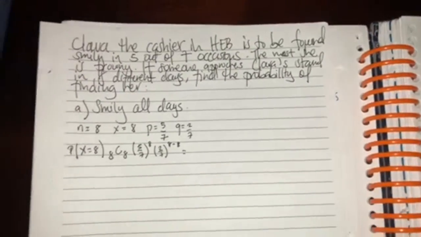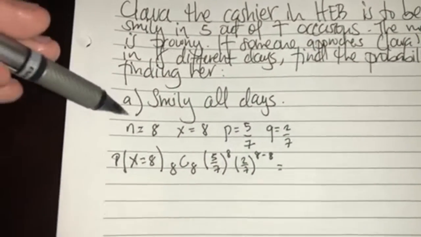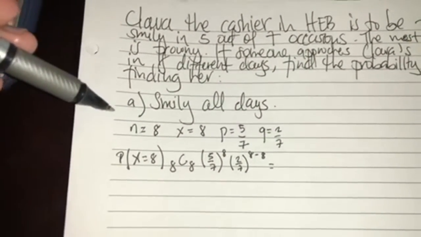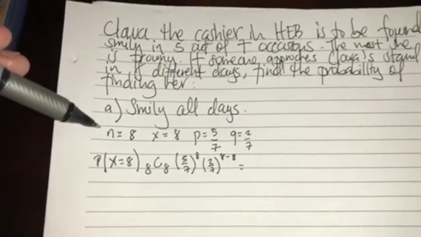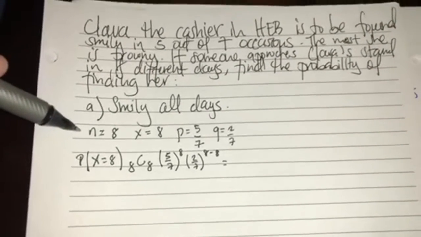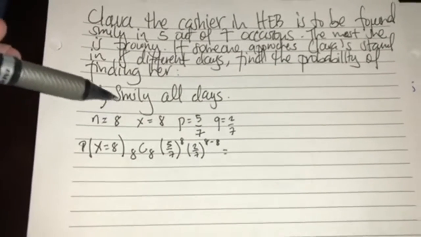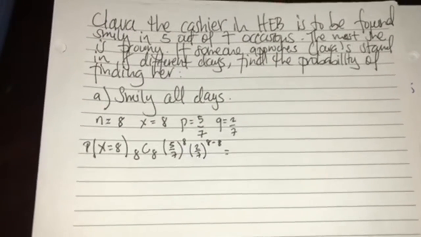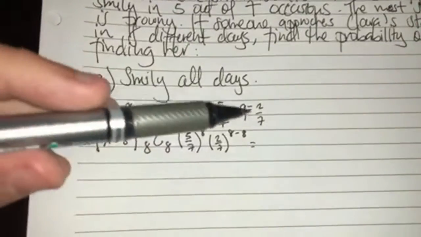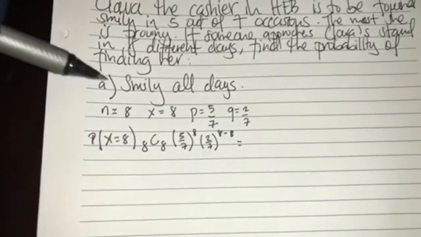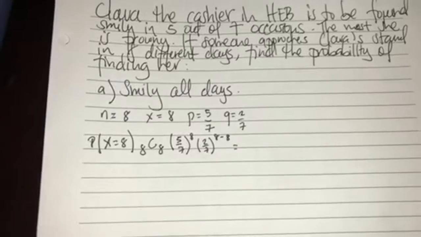all days. So what I did, and what you need to do, is plug in your numbers first. The letter N stands for the total days of the problem. Letter X stands for the number of successes you need. In this case, we need to be successful all days, so that's why N and X are the same.